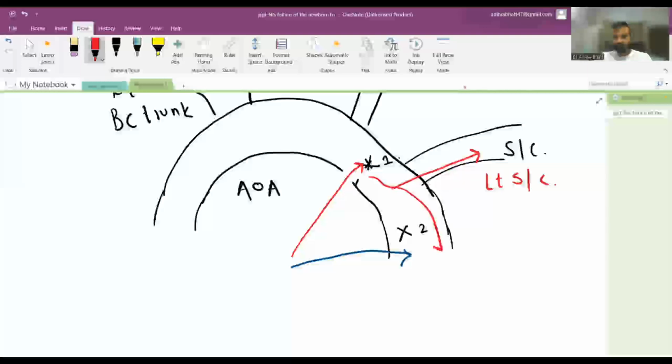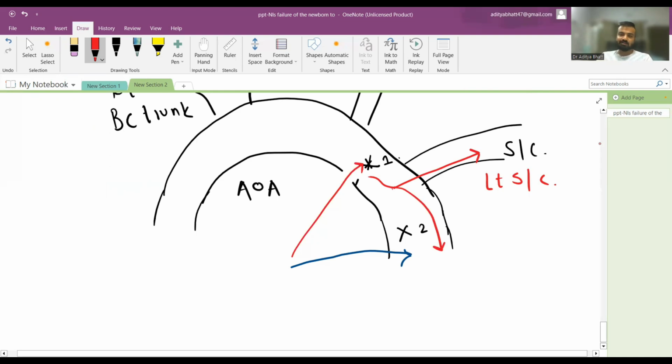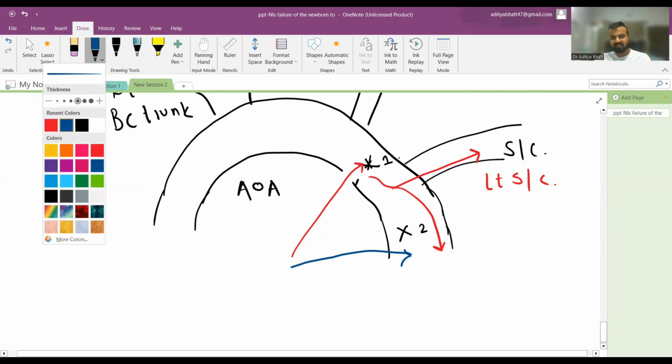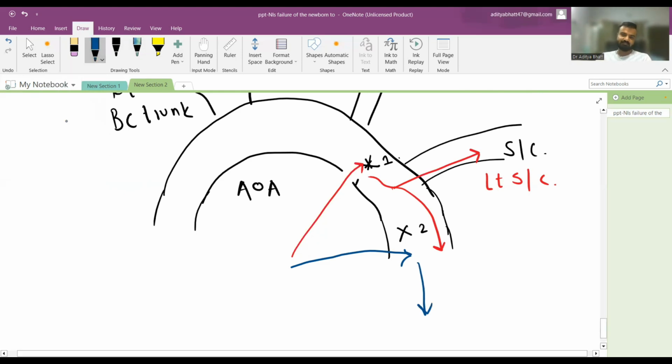Plus, some amount of deoxygenated blood will go into left subclavian. Some amount will go into the systemic circulation. While in type 2, what happens is there is no blood that is going into the left subclavian.